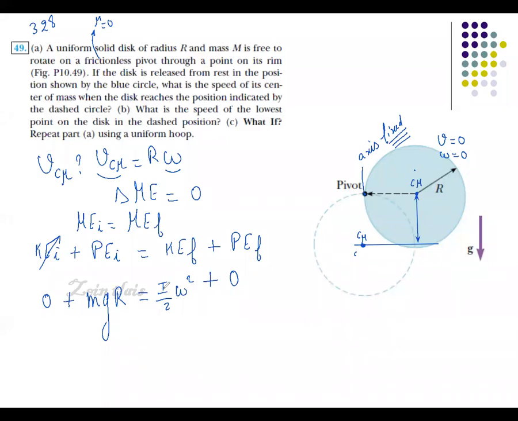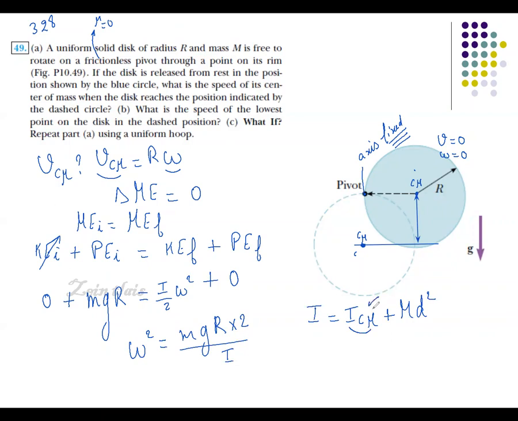I can calculate easily the value of omega. Omega squared equals mgR times 2 divided by I. Here I equals ICM plus MD squared.